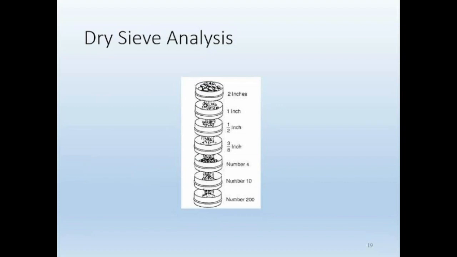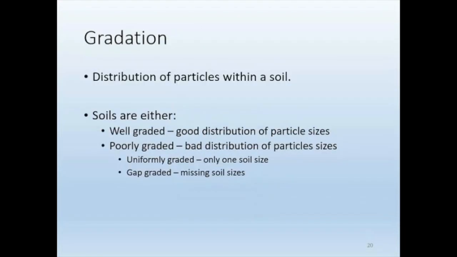We also do a sieve analysis of our sands and separate it out on that metric scale that I talked about earlier. But especially if I have a sandy soil, I want to know the distribution of particles within the soil. I want to know my sand, silt, and clay, but I also then want to know how my sand is distributed. Do I have a well-graded sand?